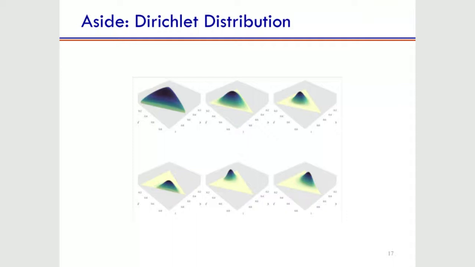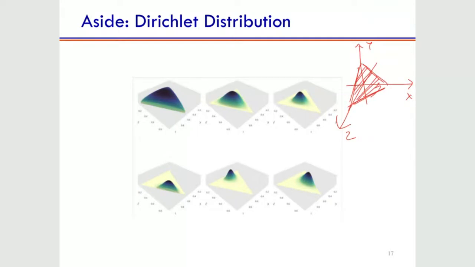Support just means that all values you sample from the distribution, each realization, has to be within this triangle. So what is this triangle? It's a simplex. Let me draw what a simplex looks like. Think of three dimensions, z, x, and y. A simplex is this triangle.